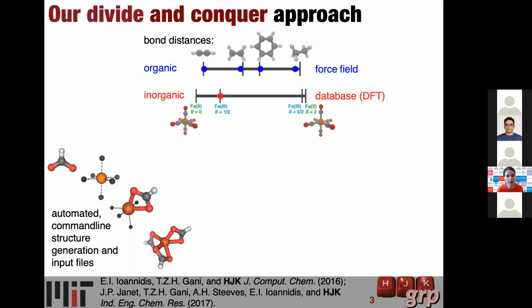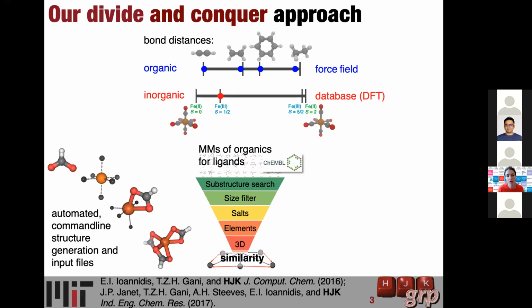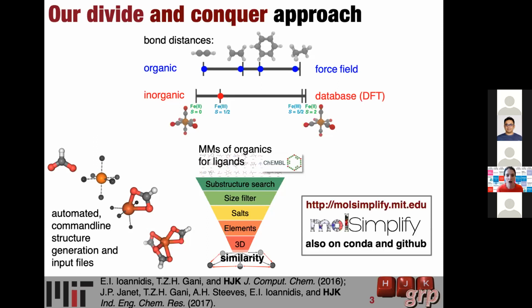And we enabled the automated command line structure generation of open shell transition metal complexes and catalysts using the language of things like organic SMILES libraries like ChEMBL, and exploiting concepts of similarity and dissimilarity for just the organic ligands around the transition metal complex. All of this is in our open source code. Also, there's a web version of it available online. And this will be the glue underneath everything I'll talk about for the rest of my talk today.